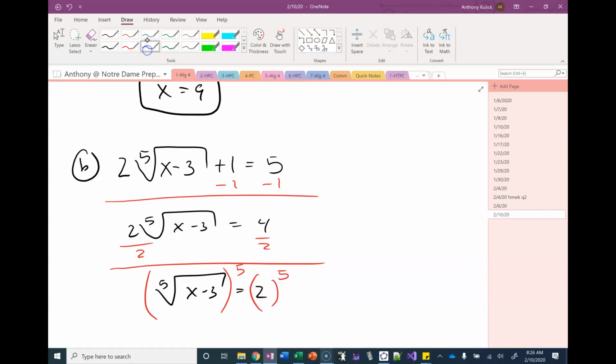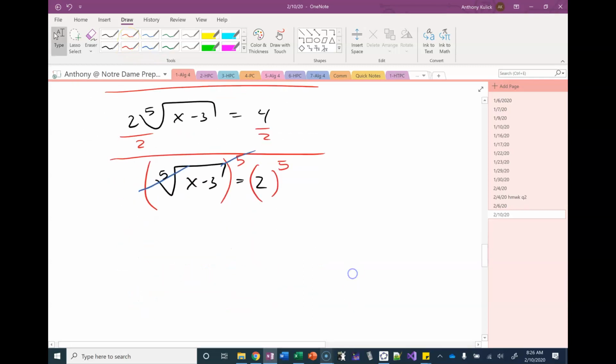So again, be careful there. What we're using is not multiplication there. It's an exponent. 2 to the 5th is 32. Just FYI, make sure that we're using an exponent there, not 2 times 5, 2 to the 5th power. And then we can just add 3 to both sides, right?